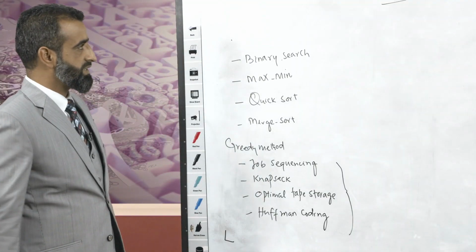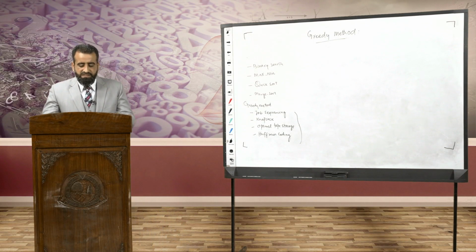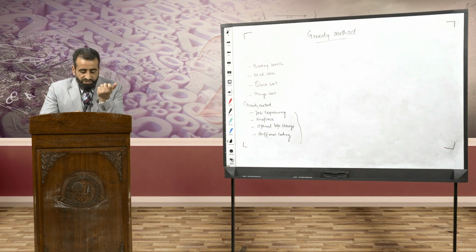So let's first try to understand what exactly I mean by a greedy method. A greedy method is basically a very straightforward technique wherein we are given n inputs and we are supposed to retrieve some subsets out of these n inputs which satisfy certain constraints.